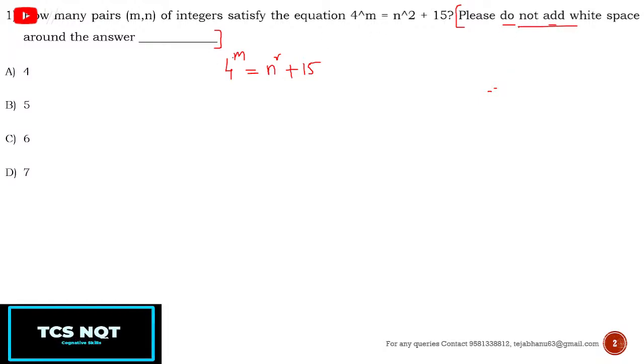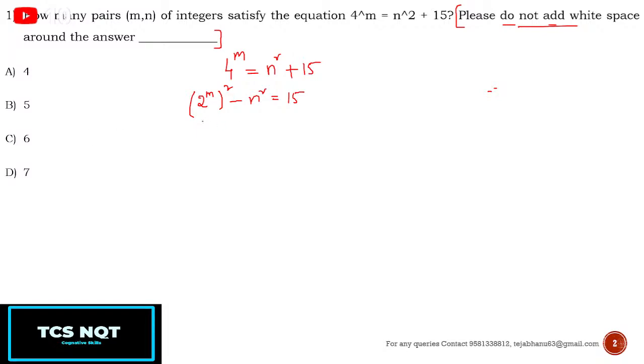Okay. How many pairs m comma n of integers satisfy the equation 4 power m is equal to n square plus 15? See, have a look at this. This can be written as (2 power m) whole square minus n square is equal to 15.